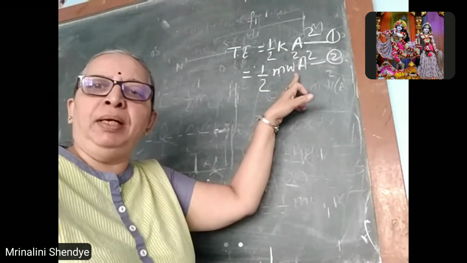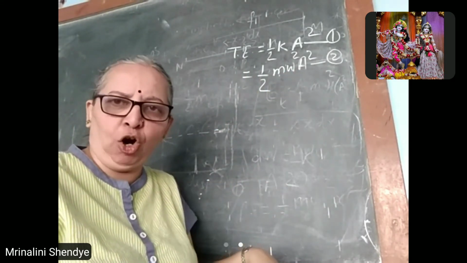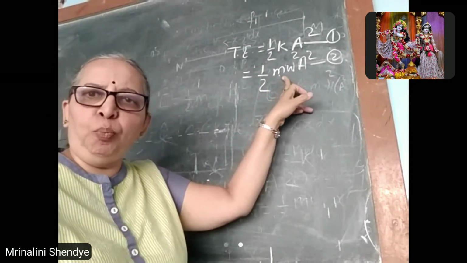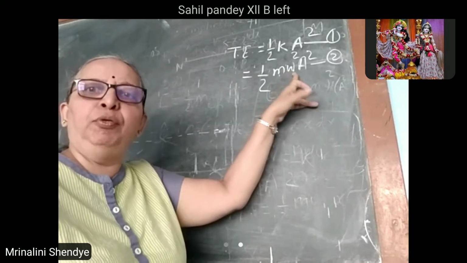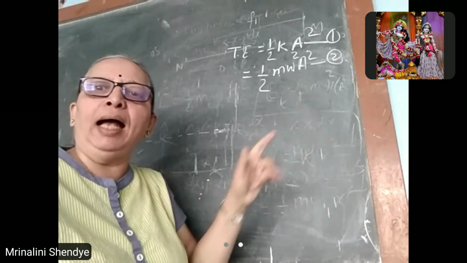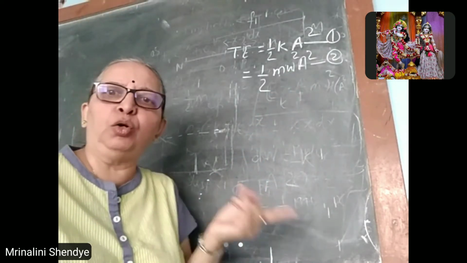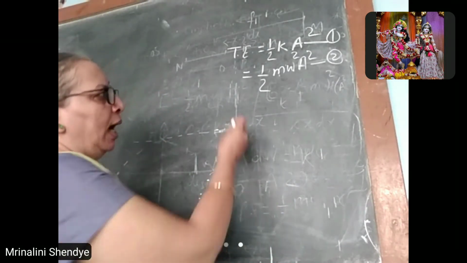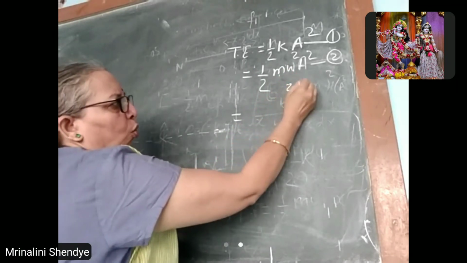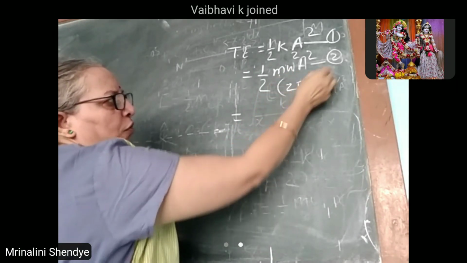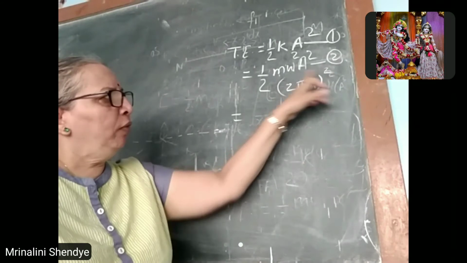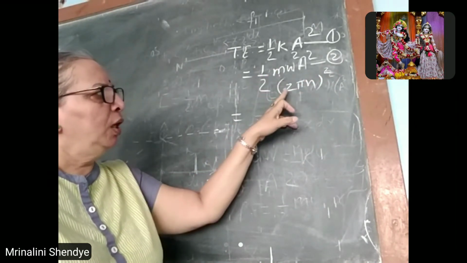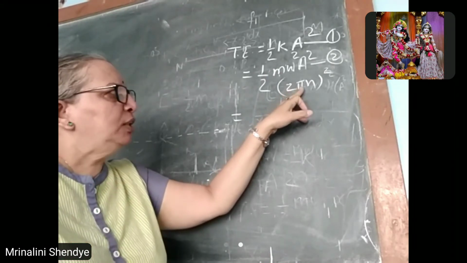Omega can be written in terms of periodic time or frequency. Omega is 2 pi into frequency. If you rewrite omega as 2 pi f or 2 pi n, you will get one more form. What will happen? Omega is 2 pi n, and its square will be 4 pi square n square. So the half will get cancelled with this 2, n square will be left, half will be left, pi square will be left.